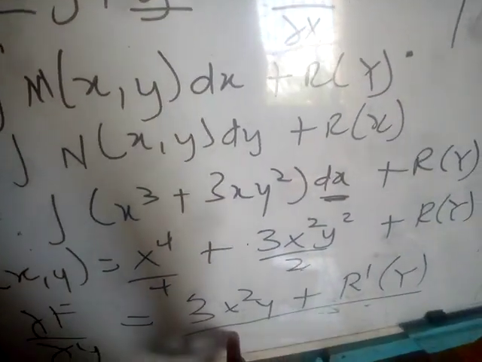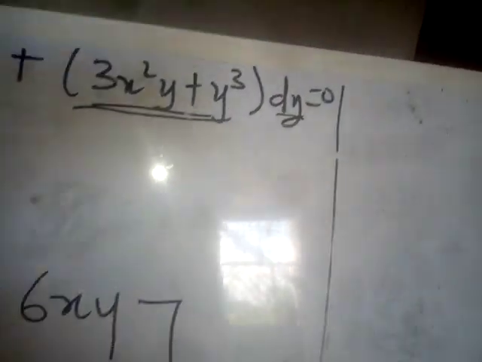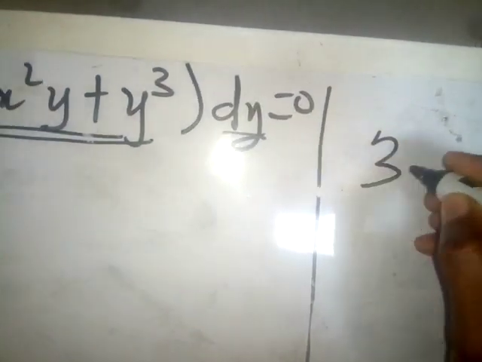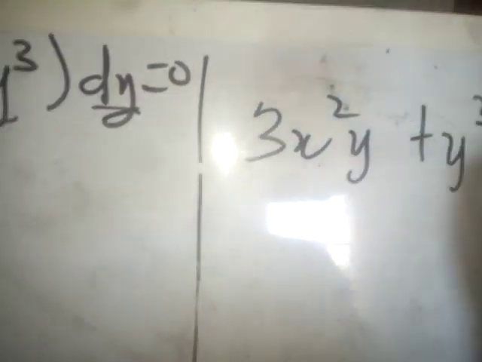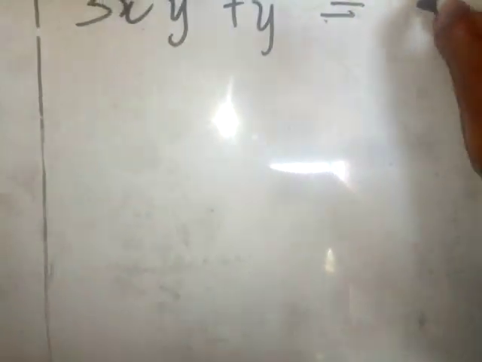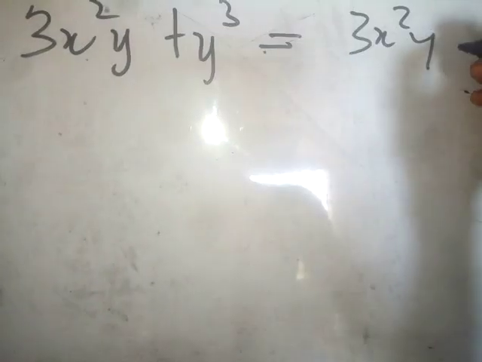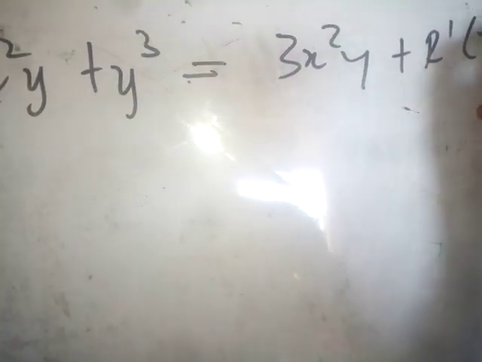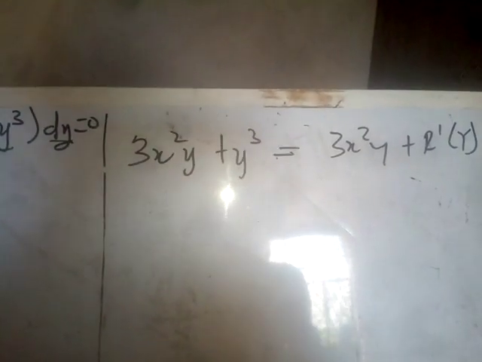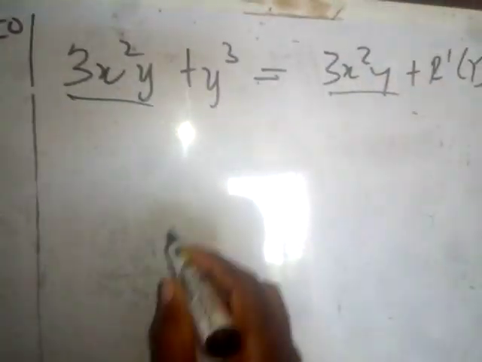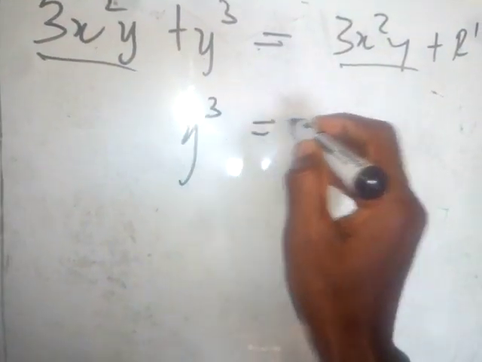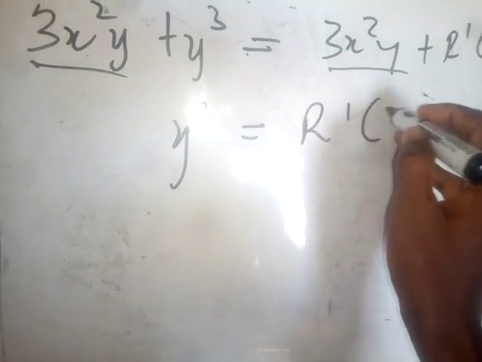So we equate the N part, which is 3x squared y plus y cubed, to the differentiated part, which is 3x squared y plus r prime of y, however you put it. If you look at it carefully, this 3x squared y cancels with this 3x squared y, and we are left with y cubed equal to r prime of y.